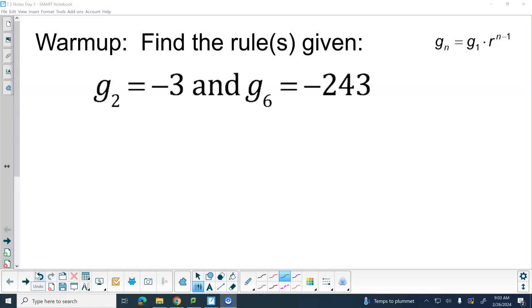And Thursday, the 7th, is your test. So March 7th will be your sequences and series test. Okay? And then we'll have some activity for you to do on the 8th, which is an independent learning.